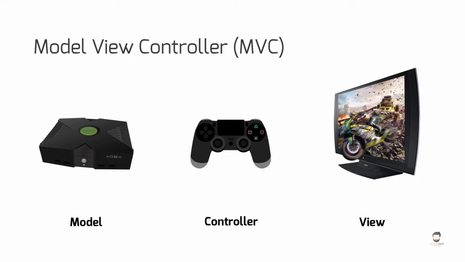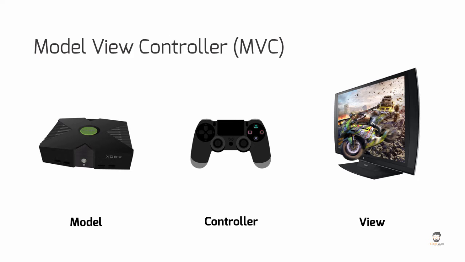Of course, what happens inside the PlayStation is you load the game in the model, which means you are loading some data inside the model, and the loaded game is visualized in the view, and you're controlling the loaded game and the visual on the TV using the controller, which is a joystick.